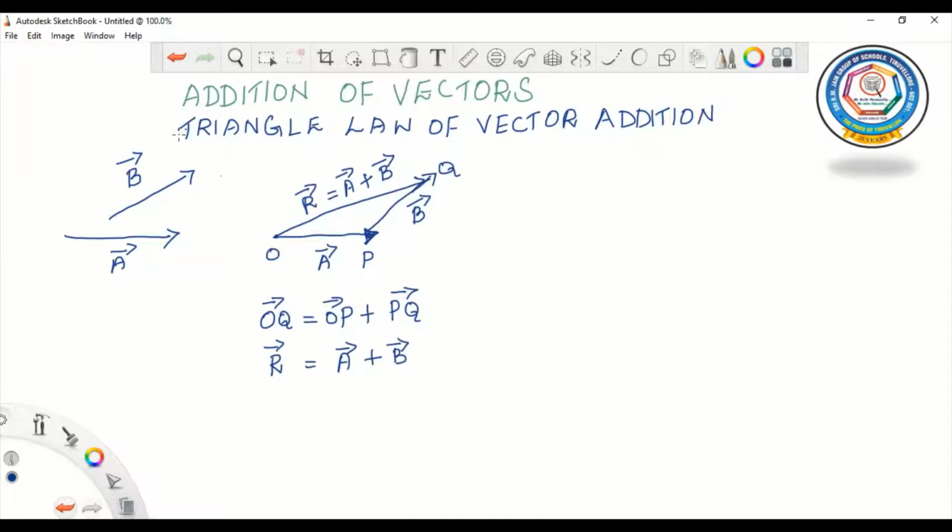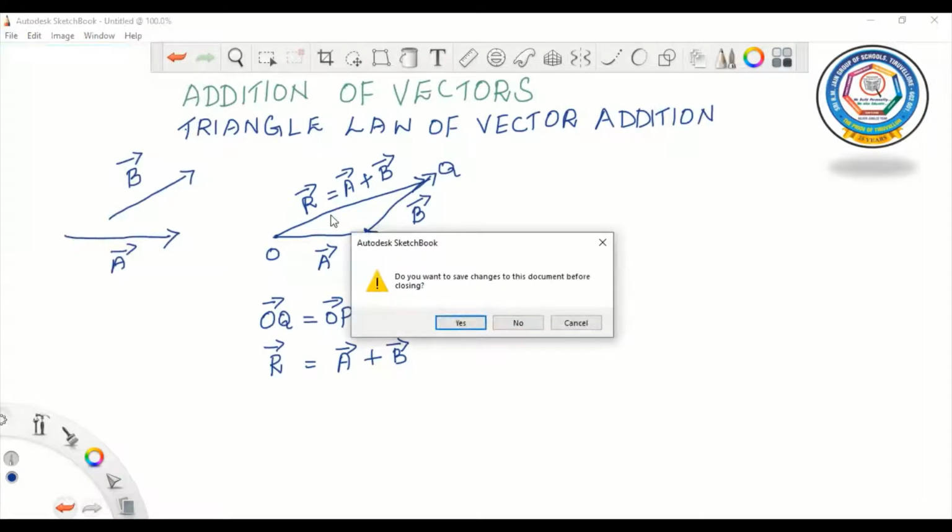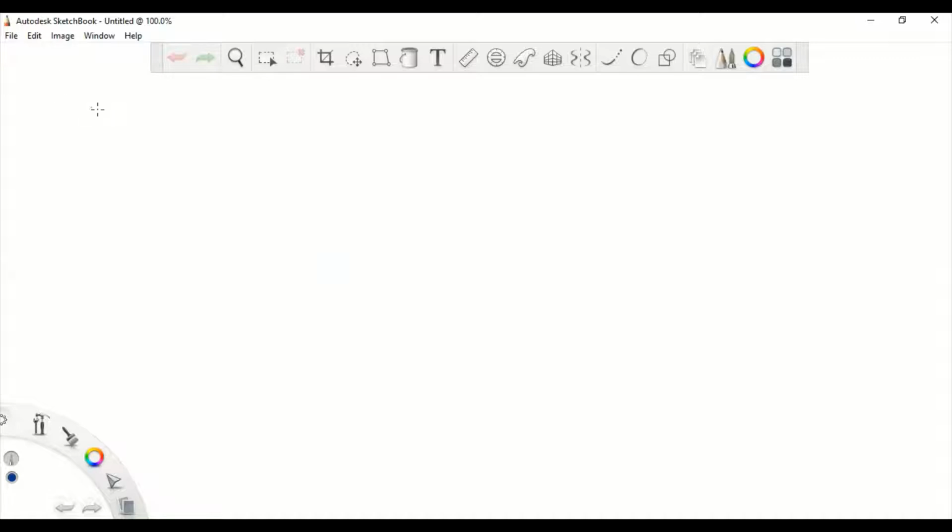So, here we are going to continue with the analytical method of vector addition.